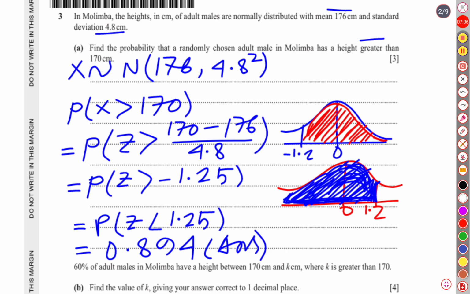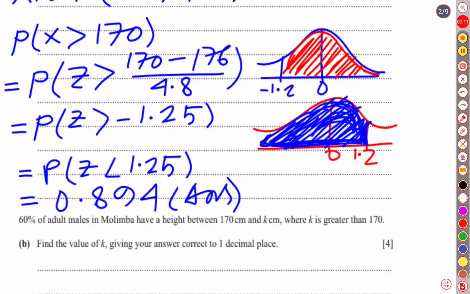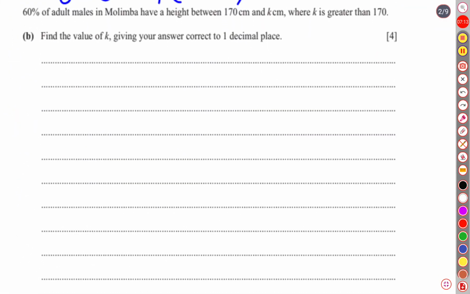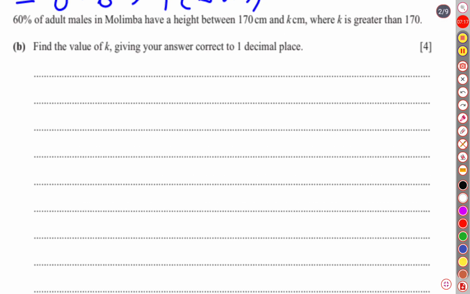Well, the next question says: 60% of adult males in Molimba have height between 170 centimeters and k centimeters, where k is greater than 170. Find the value of k, giving your answer correct to one decimal place.